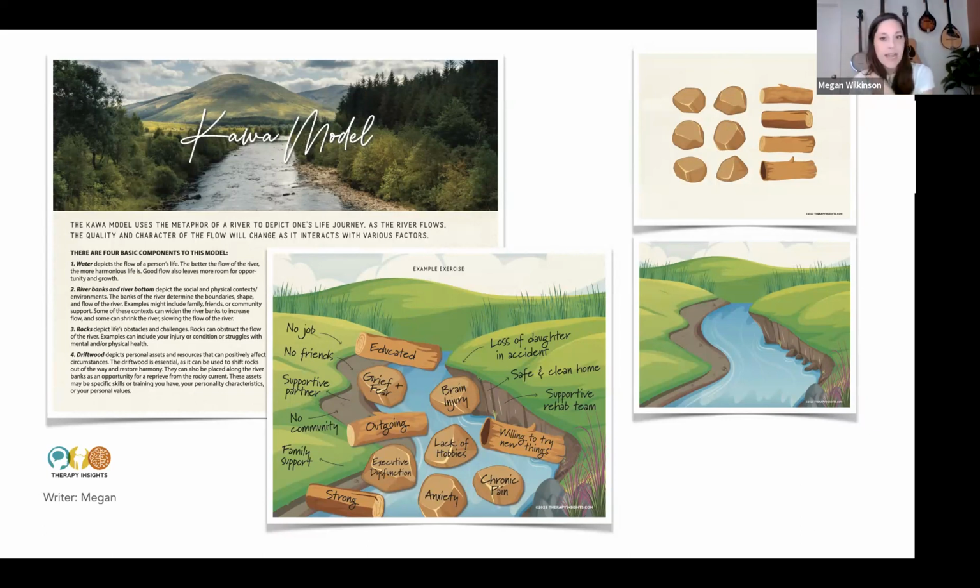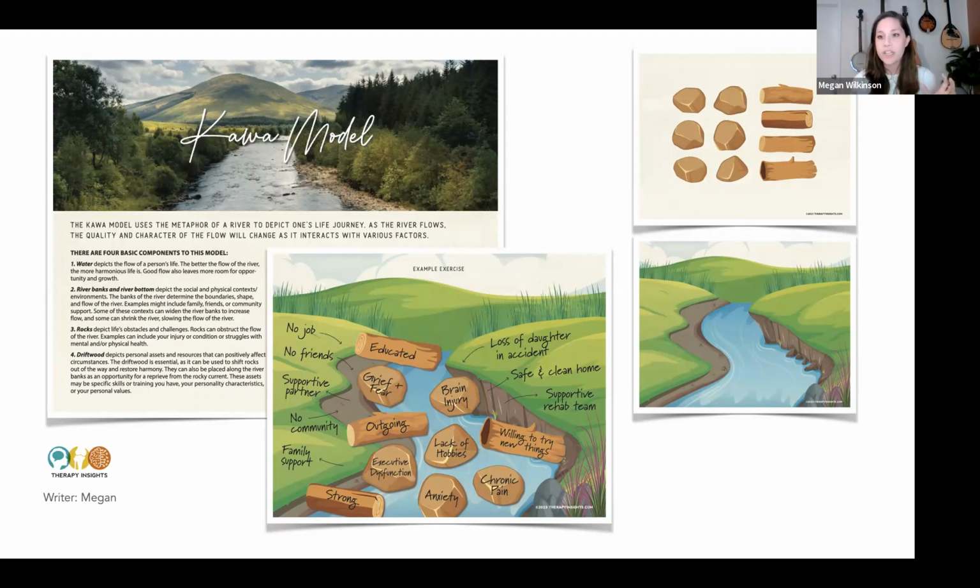And then on the banks there are arrows that are either moving in, which is narrowing that river, that flow of life. So the fact that they lost their daughter, they don't have a job, they have no friend support. And then there are arrows moving away from the river, things that are widening it and allowing greater flow of the river, such as having good family support and a supportive rehab team.